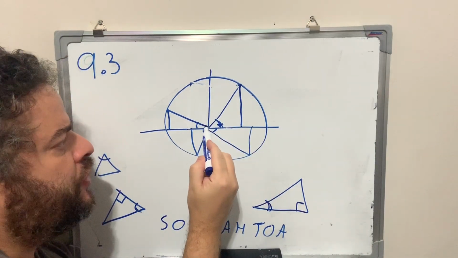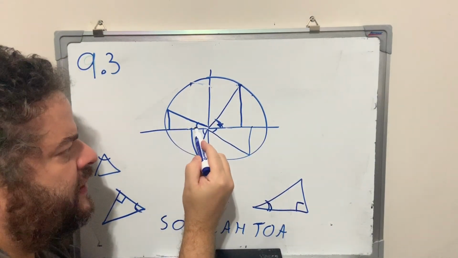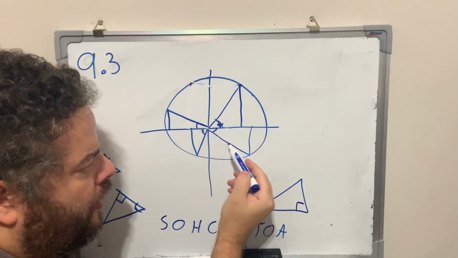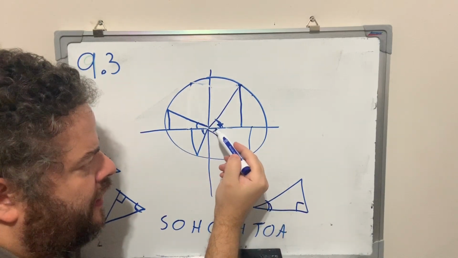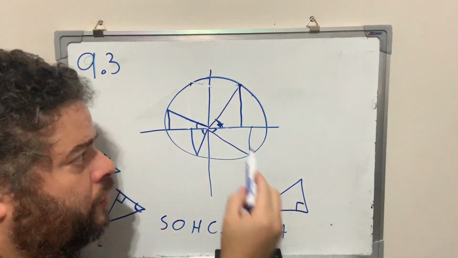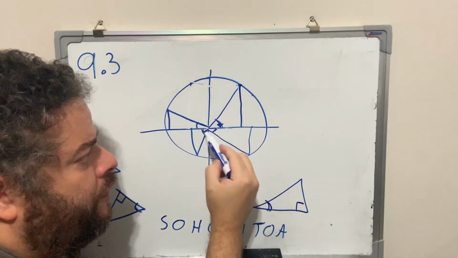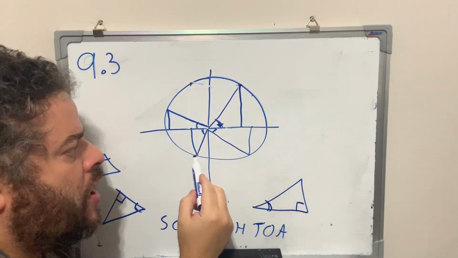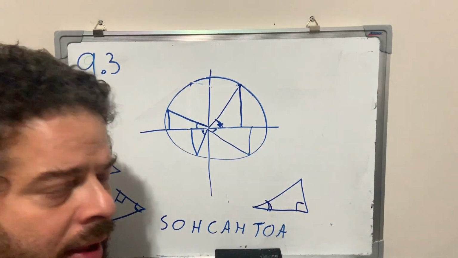And note, all these triangles are formed using the x-axis. None of them are formed using the y-axis.